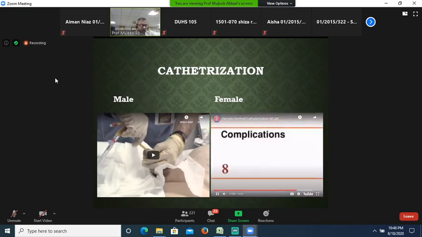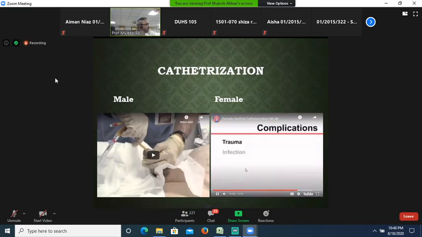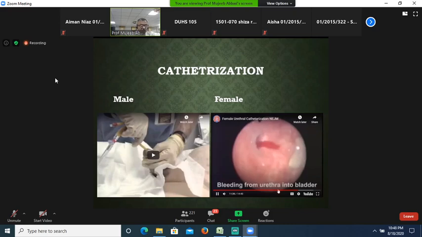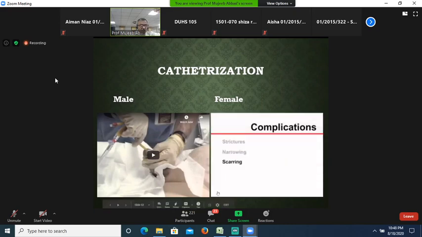These are the complications. It's the same as trauma, if it is inflated in the urethra because of incorrect insertion. These are a few complications which can cause traumatic injuries.